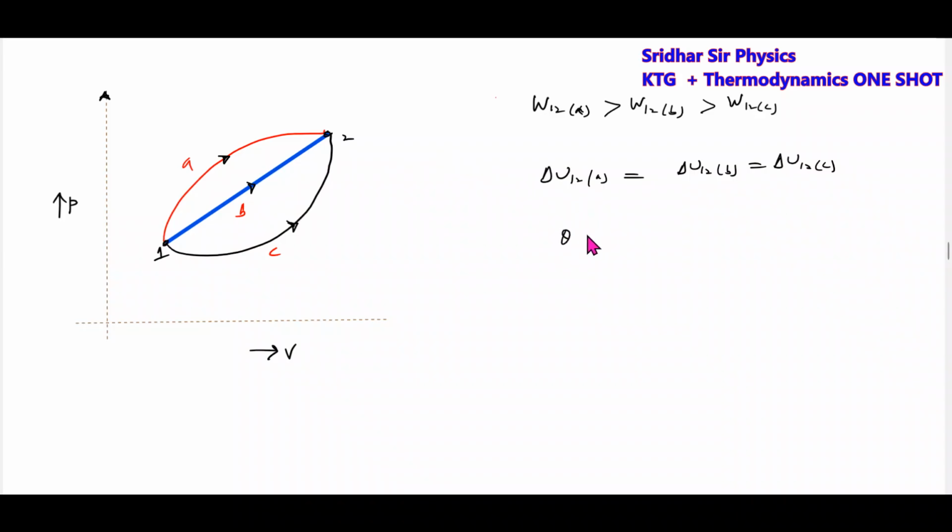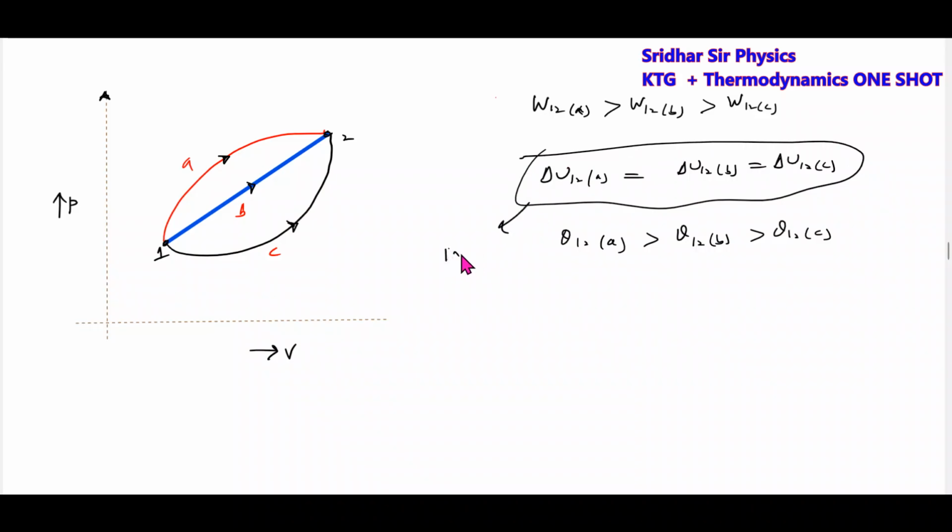What about Q? Q will be delta U plus W. So like this, heat absorbed will be different for different paths. So which one is independent of path? This one, the change in internal energy.